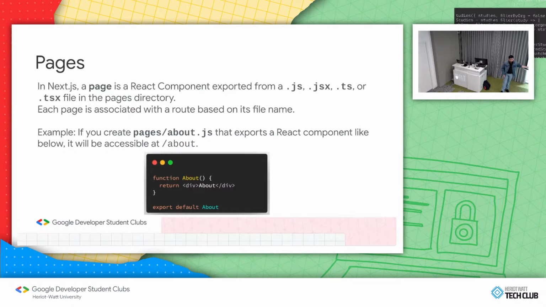What the export statement does is lets Next.js know that we are going to use that particular function as our main component when someone visits the /about page on our website. So say our website was www.example.com. If someone visits example.com/about, he will be greeted with just about as a div.